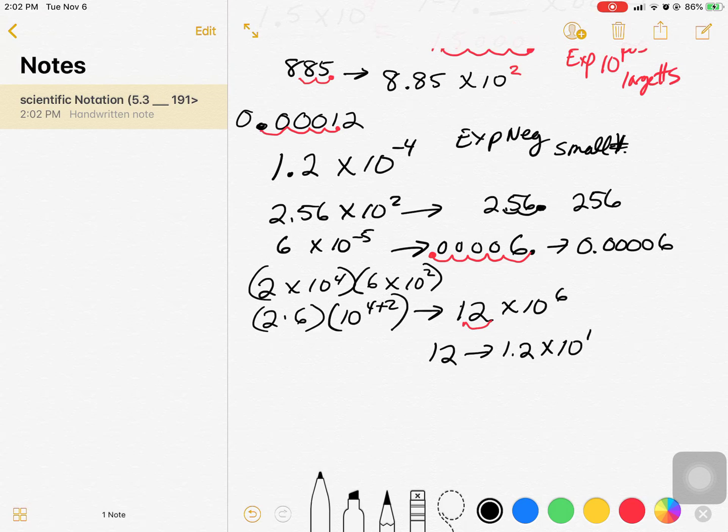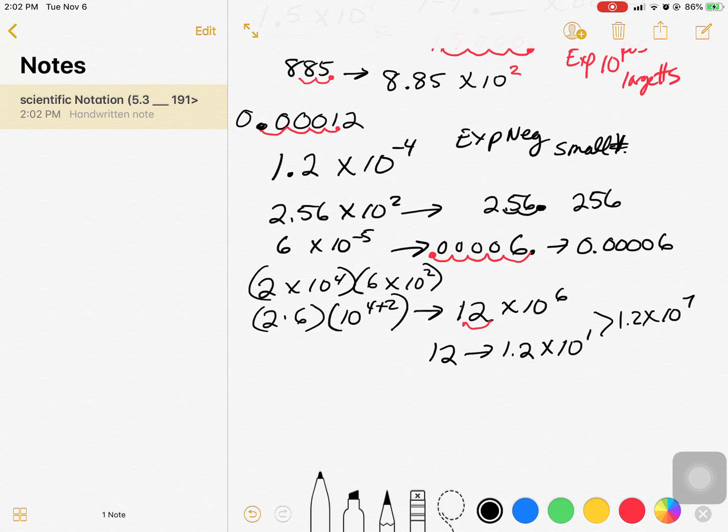Okay? So the positive 1 and the positive 6 make my final answer for this problem 1.2 times 10 to the 7th.